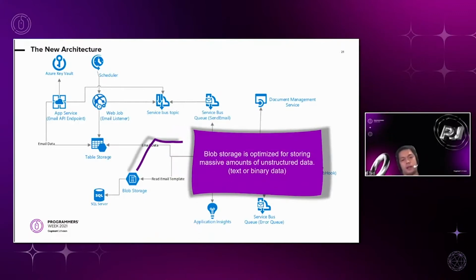Blob Storage is a Microsoft object storage solution for the cloud. Blob Storage is optimized for storing massive amounts of unstructured data. And unstructured data is data that doesn't adhere to any particular model or definition, such as text or binary data.